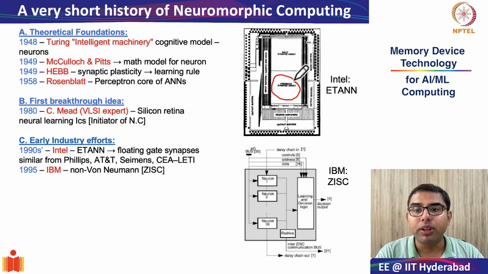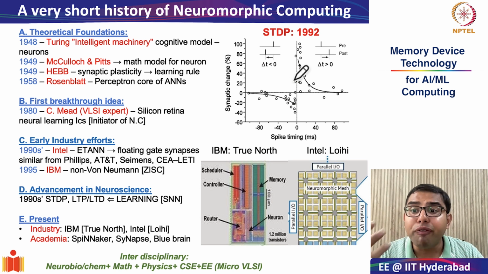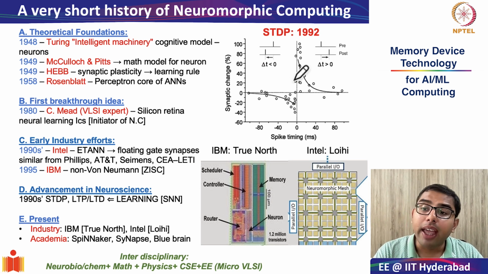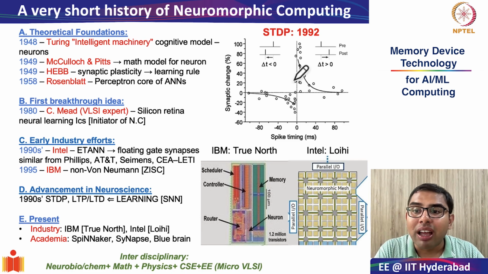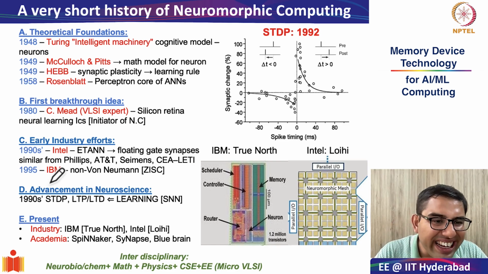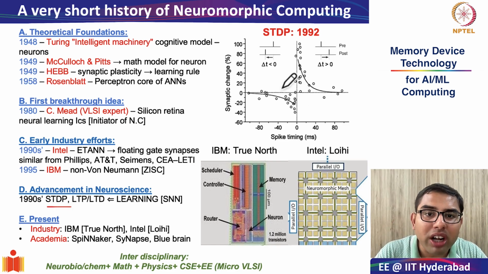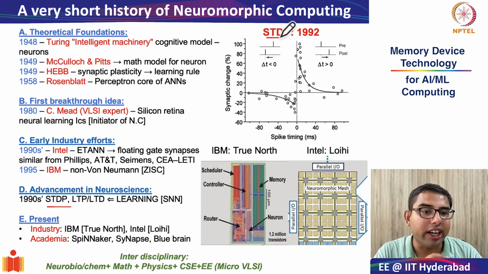At the same time, neuroscience itself was advancing in the understanding of learning rules like spike time dependent plasticity, which later inspired neuromorphic circuits. We will look in detail at what is spike timing dependent plasticity. It is one of the most popularly used learning rules.